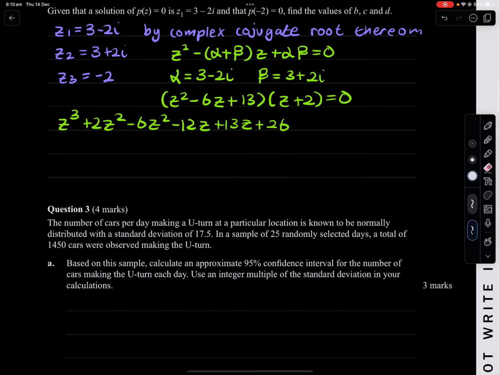Okay, putting this all together: z to the power 3, 2 minus 6, which is negative 4z squared, plus z plus 26.